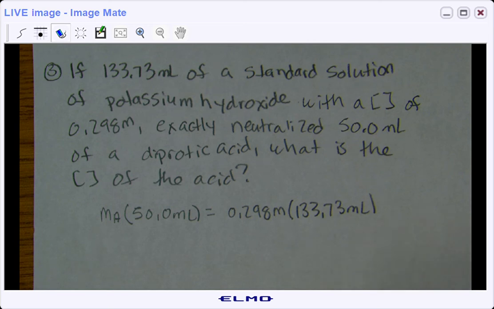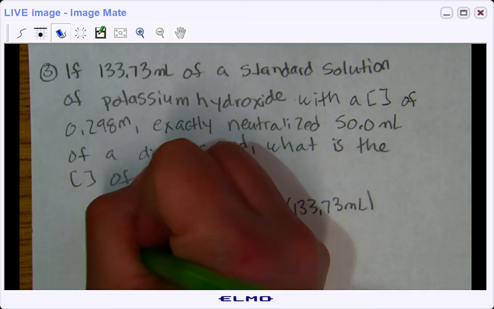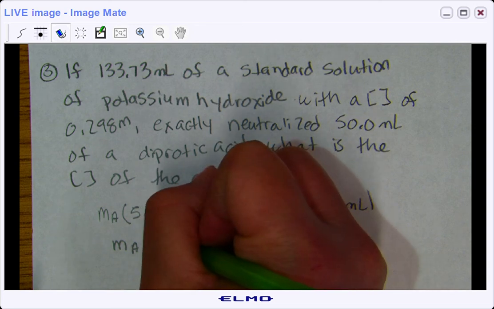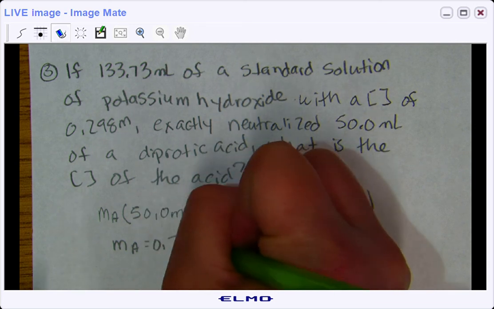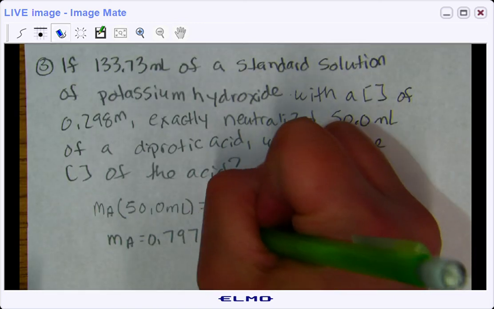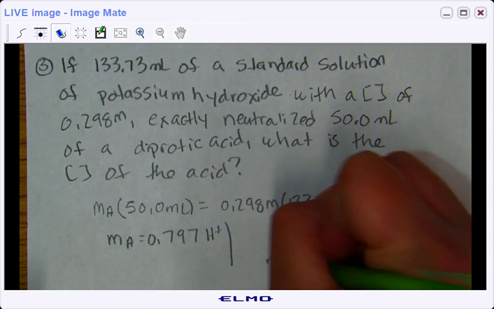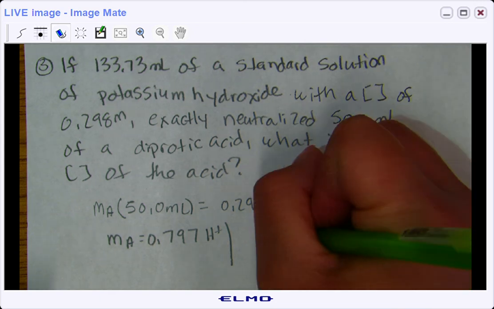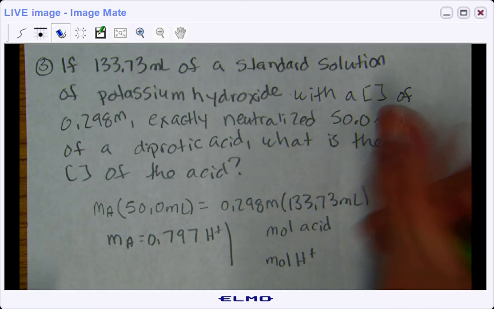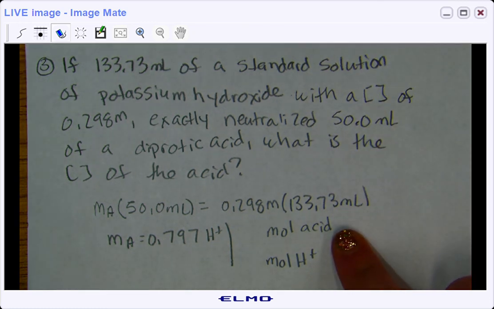So when I solve for this, my MA is going to be 0.797, and this is an acid. So my moles of acid go on bottom to my moles of the entire acid, which we don't know what it is, but we know it's an acid. Okay, it didn't tell us which acid.